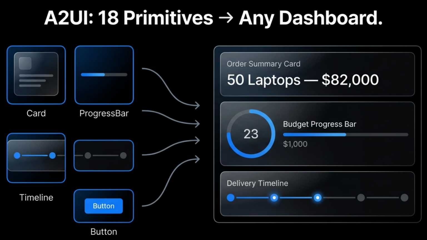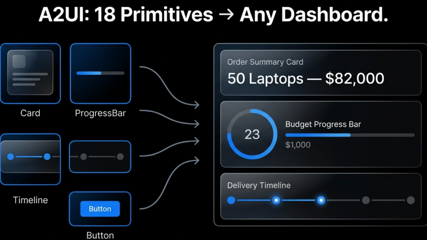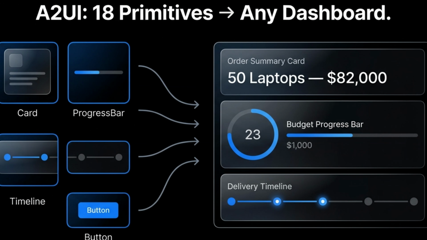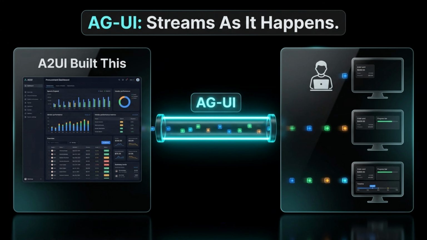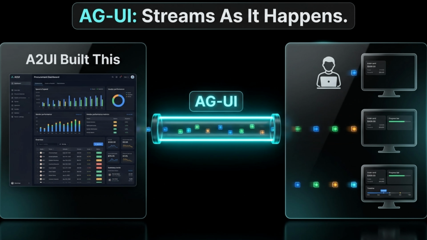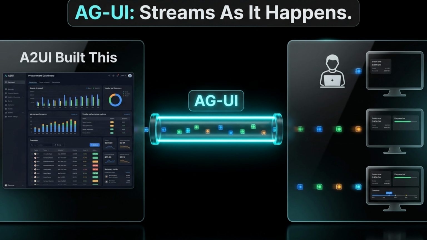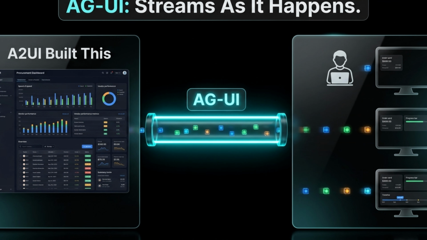A2UI lets your agent compose a proper procurement dashboard, an order summary card, a budget progress bar, a delivery timeline, all dynamically generated. And AGUI, which is Agent User Interaction Protocol, streams it all to your screen in real time as it's happening, not after it's done. We'll see both of these live, the agent building a streaming and interactive dashboard.